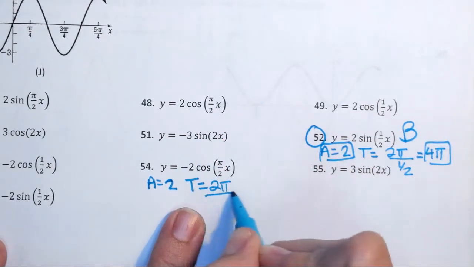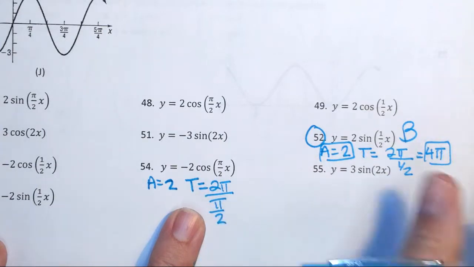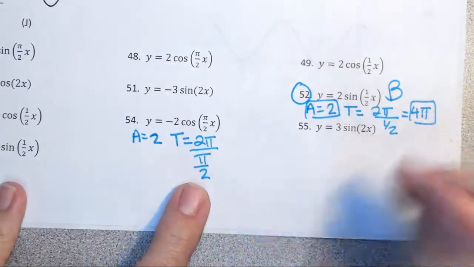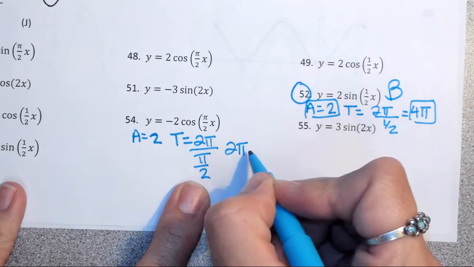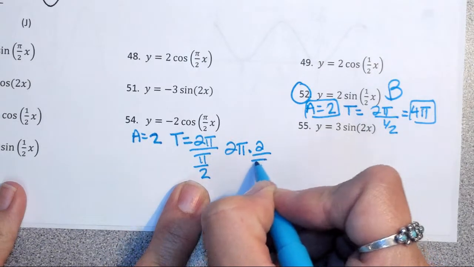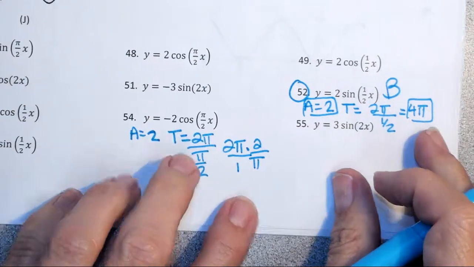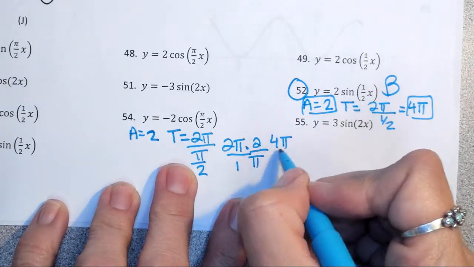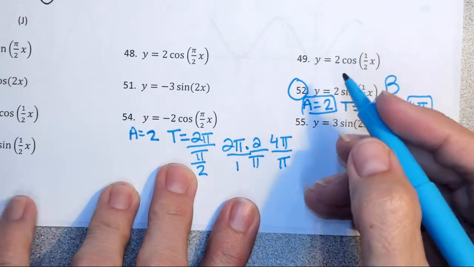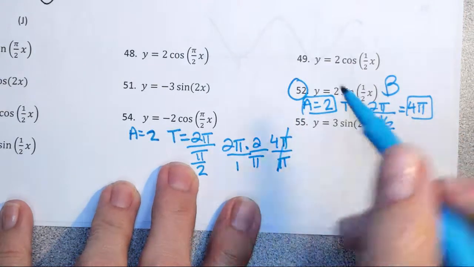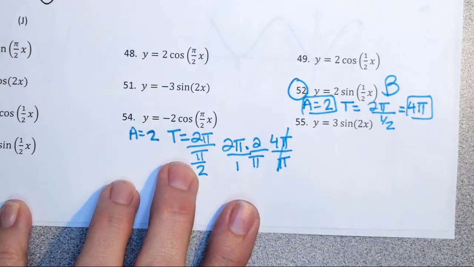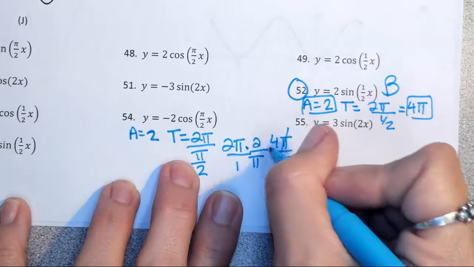So 2 pi divided by pi over 2. I'm going to flip it and multiply. Is it 4 pi? It's 4, because my pi's cancel.